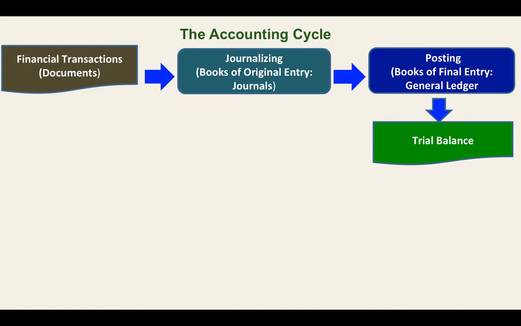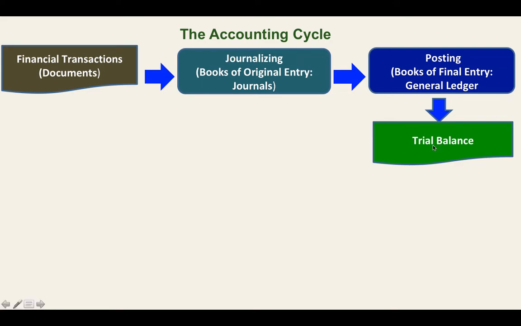Okay, so you cannot proceed if your trial balance is not balanced, meaning if the debit and credit are not equal. Obviously, if you have started with journal entries where the debit and credit of all your journal entries are balanced, then if you posted that, it should also balance the debit and credit.